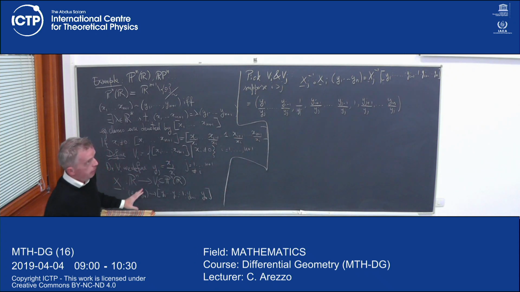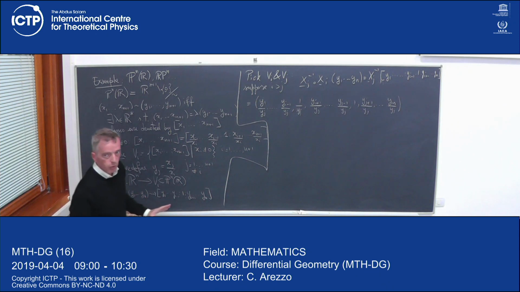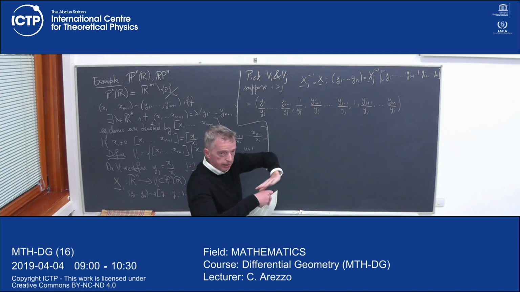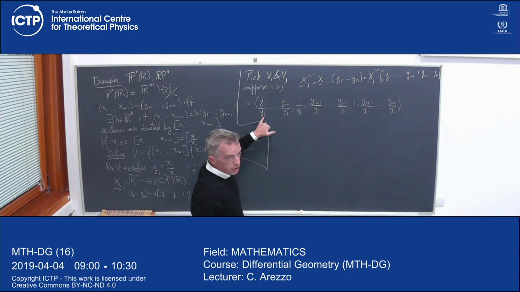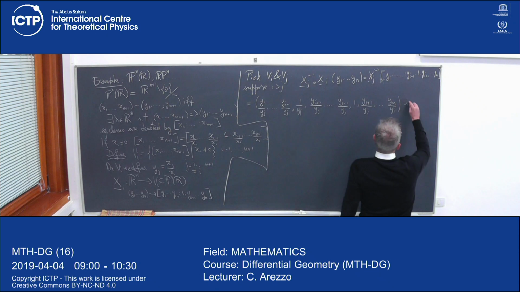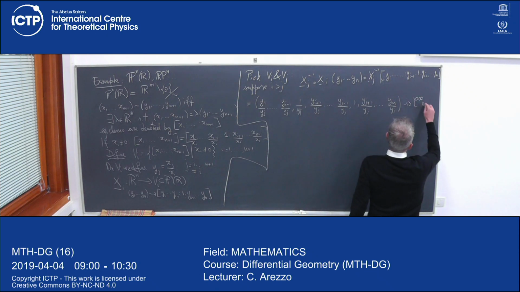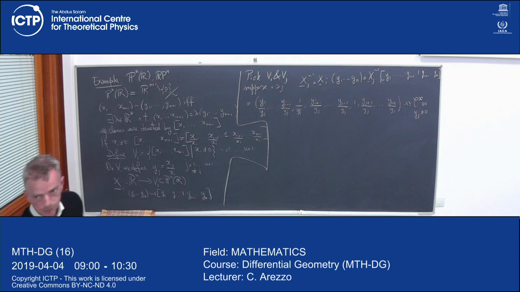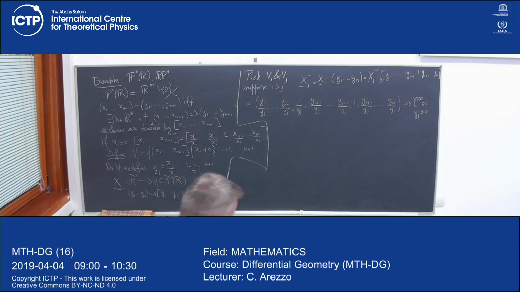I avoided saying where this was defined, but it's defined precisely on the inverse image of the gray area in the picture, and that's precisely yj different from 0. So we are fine. This is C infinity on the set yj different from 0, which is exactly the domain where we were looking. So it's fine. This gives a differentiable structure.